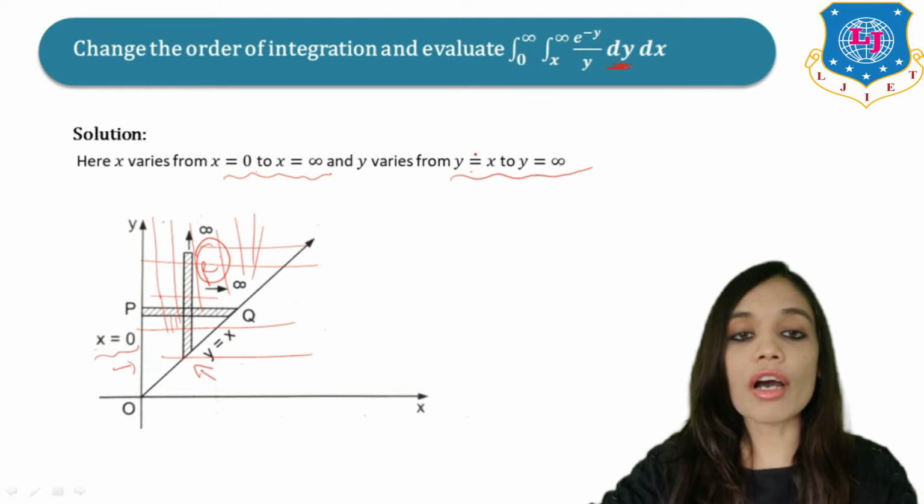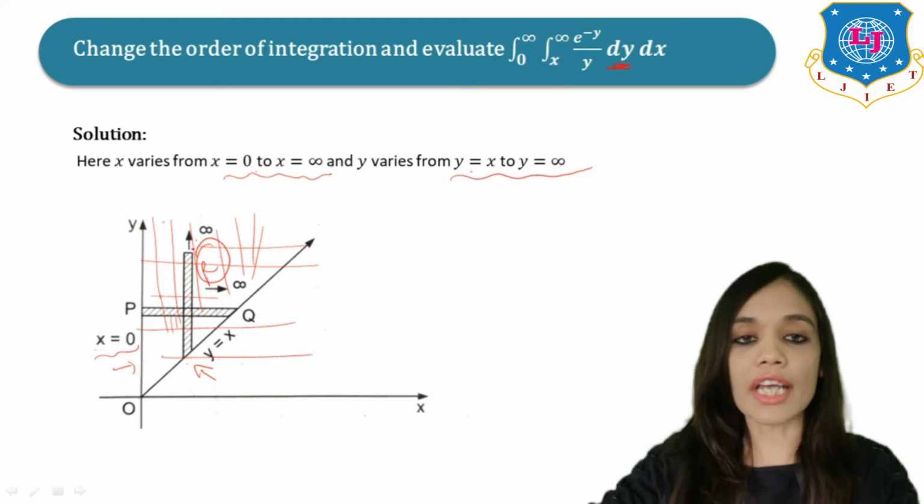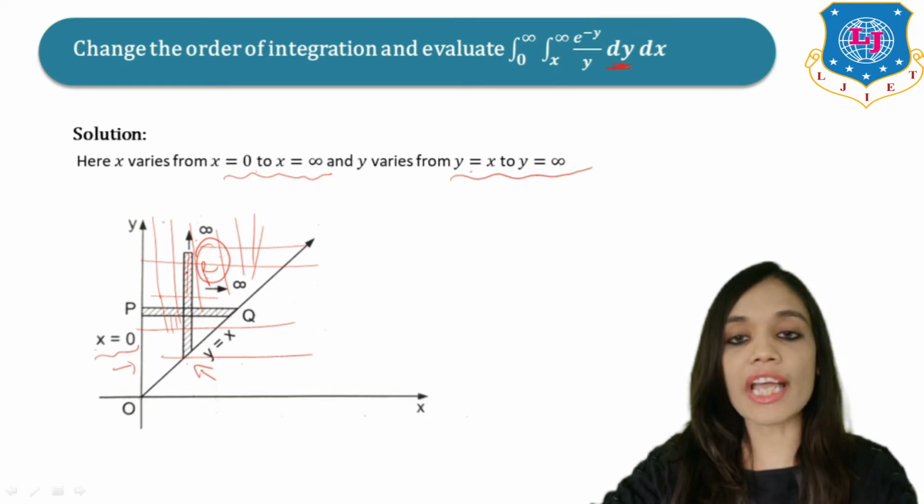Now we are given our vertical strip, that is y is going from x to infinity, right? So now we have to change the order of integration and move this vertical strip to a horizontal strip.